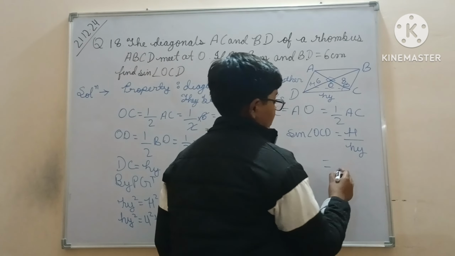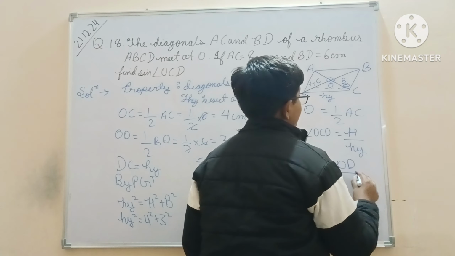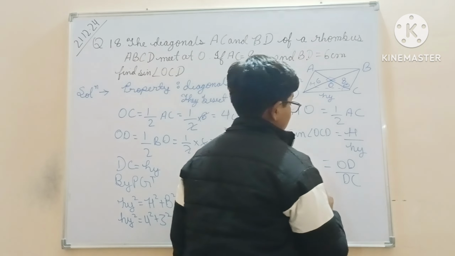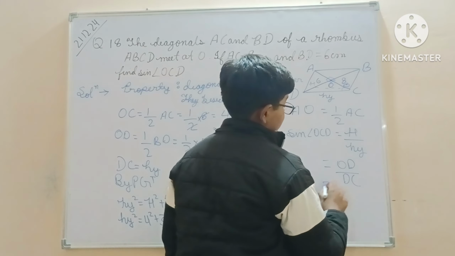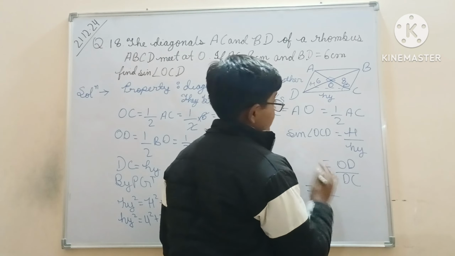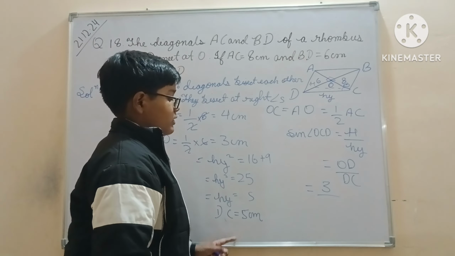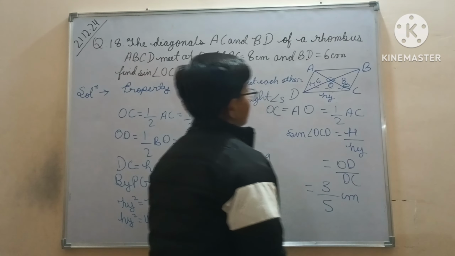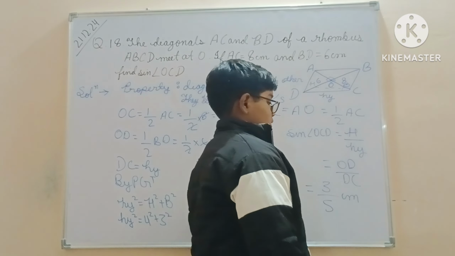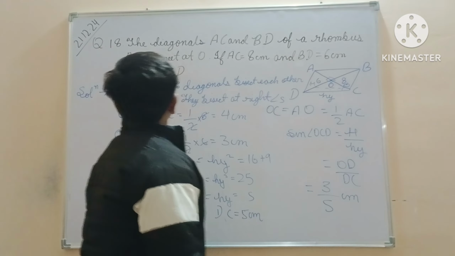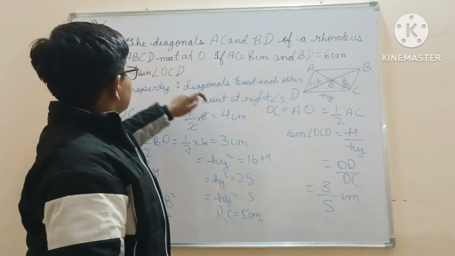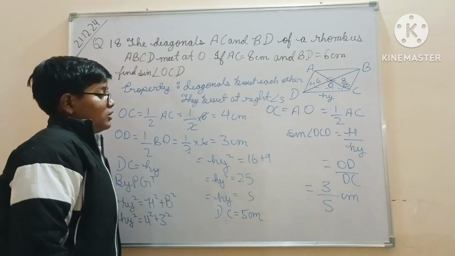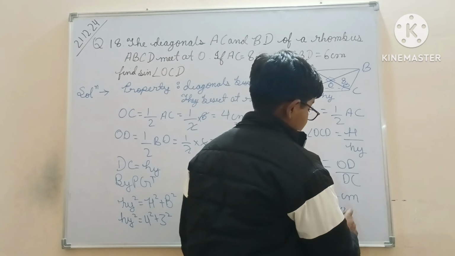So height is OD and hypotenuse is DC. OD is 3 centimeter and DC we have just found, which is 5 centimeter. So it is 3 divided by 5. So we have found the value of sine angle OCD. This is the answer to the question.